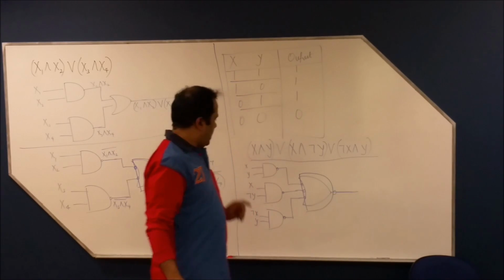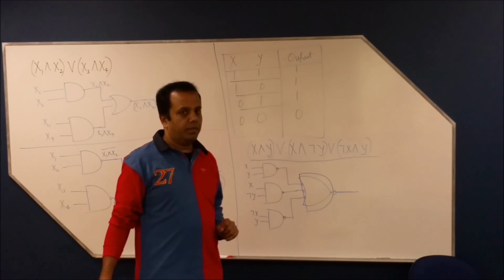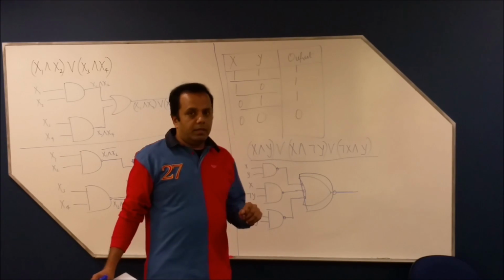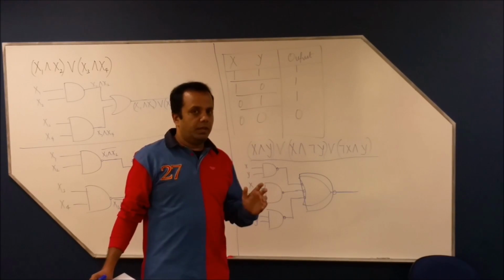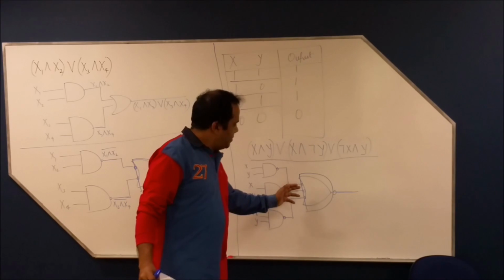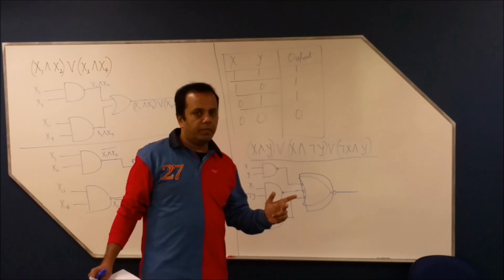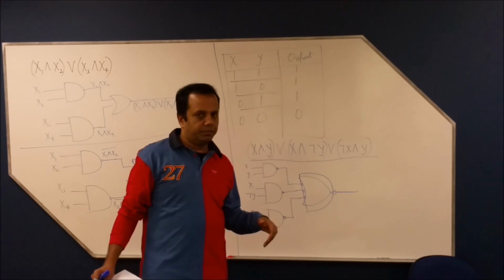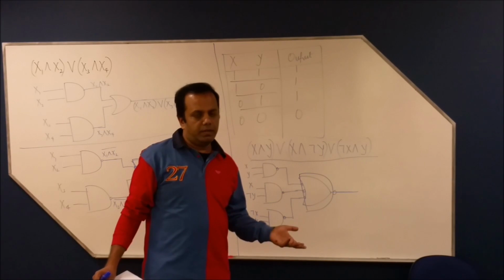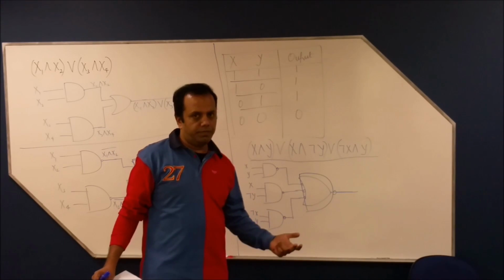Now, I did talk about the associativity of the OR operation and the associativity of the AND operation. The associative property of the AND and the OR operations allows a 3-input AND gate to be realized using 2 AND gates with 2 inputs each. And similarly, a 3-input OR gate can be realized using 2 OR gates of 2 inputs each.